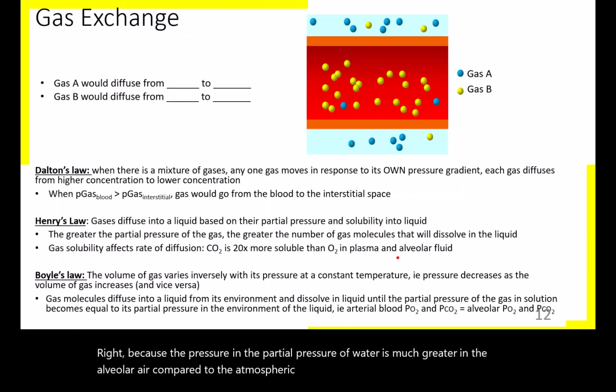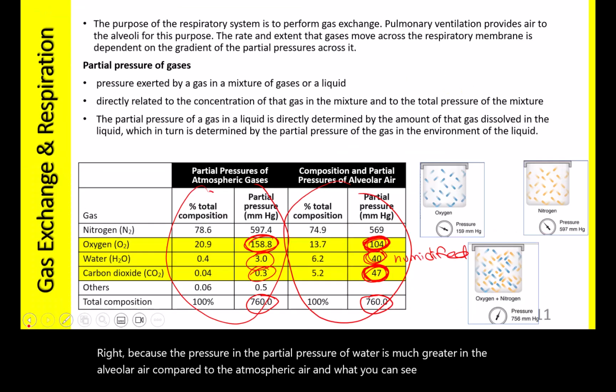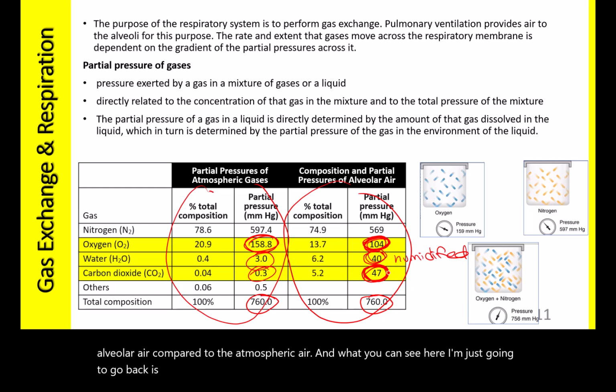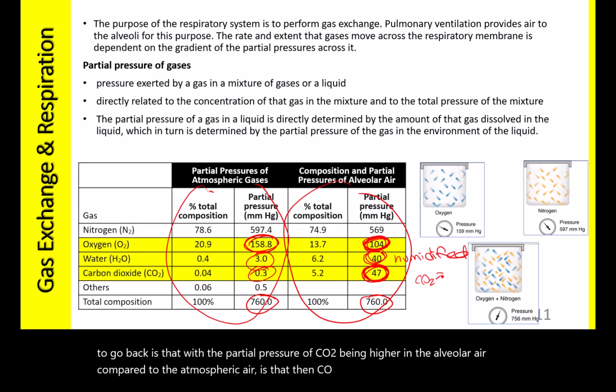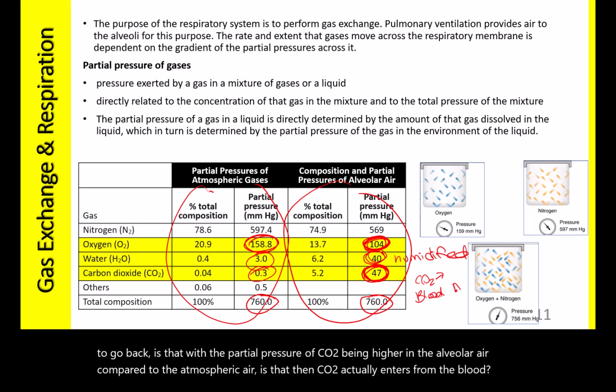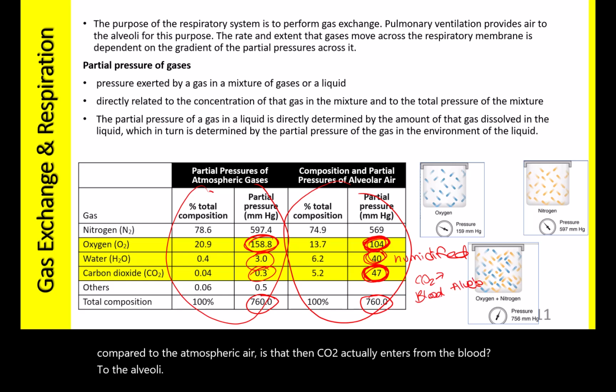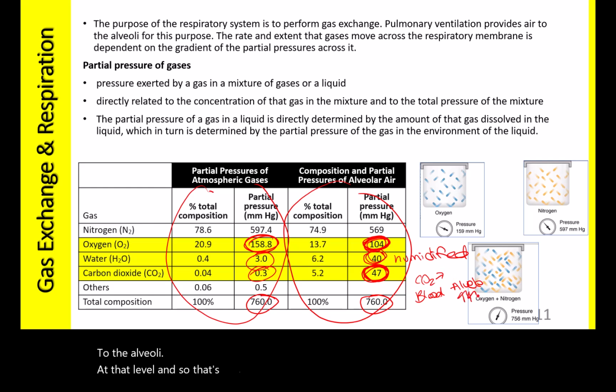And with the partial pressure of CO2 being higher in the alveolar air, that's because CO2 enters from the blood into the alveoli, and so there's more CO2 in the alveolar air than in the atmospheric air.